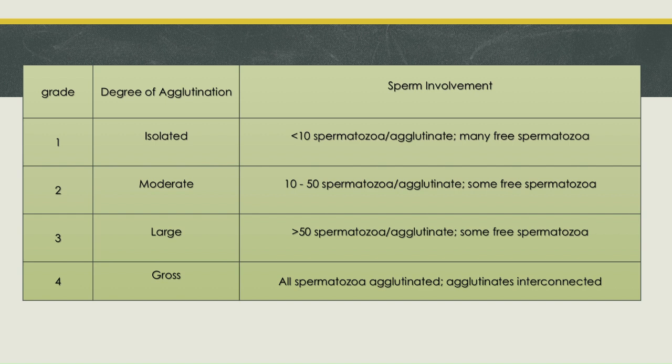Grade 3. Degree of agglutination: Large. Sperm involvement: greater than 50 spermatozoa/agglutinate, some free spermatozoa. Grade 4. Degree of agglutination: Gross. Sperm involvement: all spermatozoa agglutinated, agglutinates interconnected.